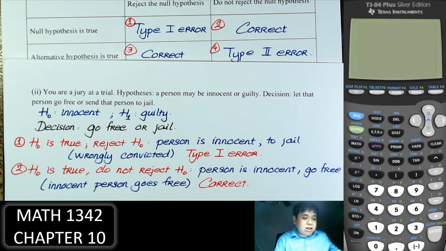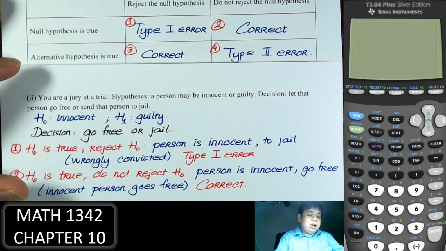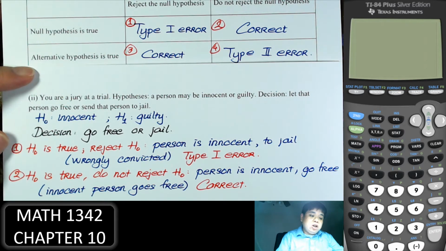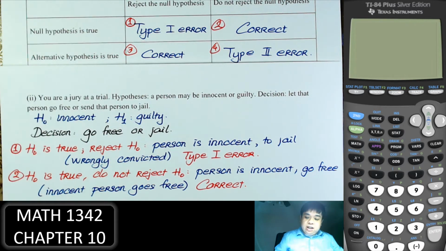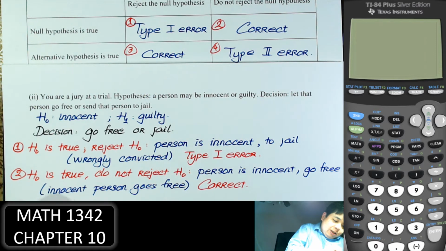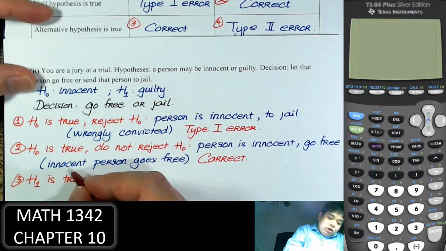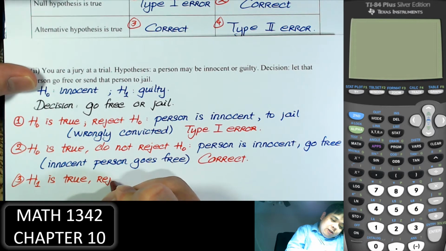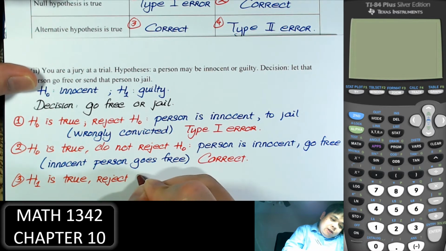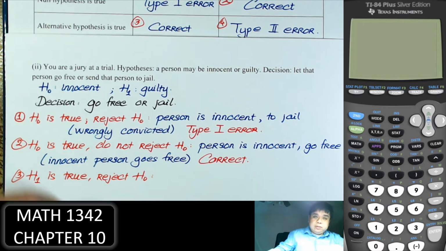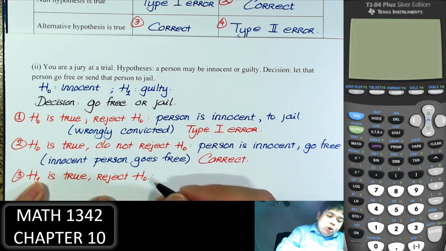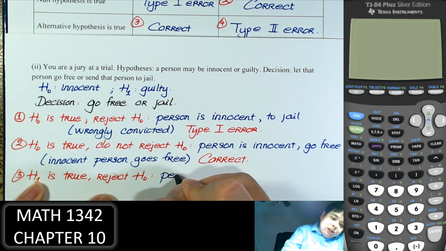Right, case number 3 is also correct. The alternative hypothesis is true, meaning that the person is guilty, and we reject. So H1 is true, meaning the person is guilty.